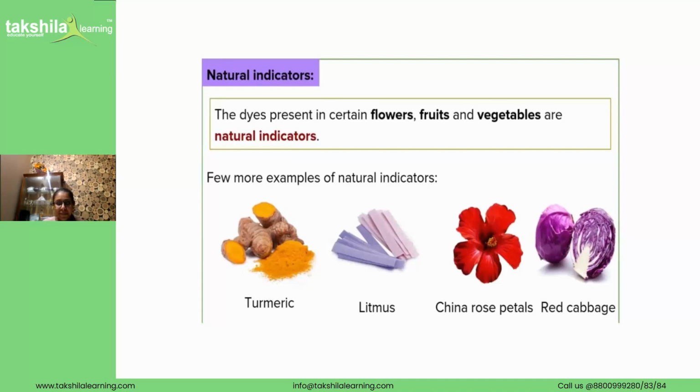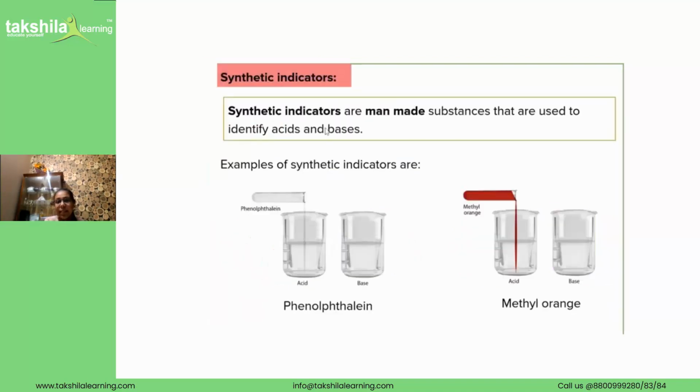Then we see some synthetic indicators here, which are man-made substances. Natural indicators were the ones already available in our environment, in our surroundings. But synthetic indicators are human-made, and we make them to test whether a substance is an acid or a base.